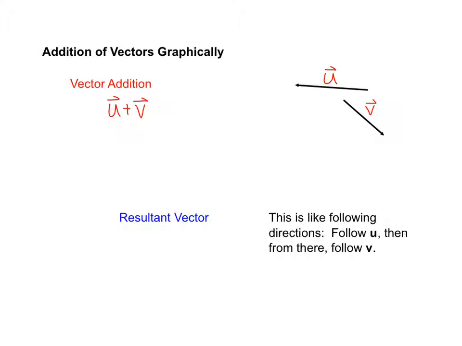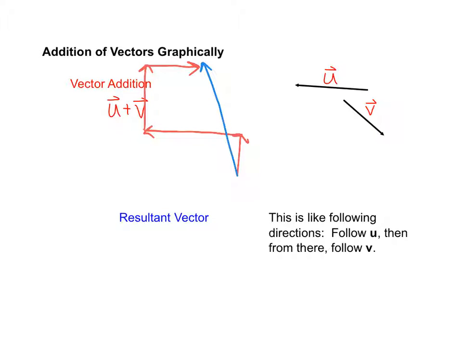The resultant vector is like you're following directions. When you're doing vector addition, it's kind of like when you look at Google Maps and you get directions to go somewhere and it says, turn left onto this street and drive 5 miles, and then turn right onto this street and drive another 3 miles, and so forth. If I follow those directions, my end result is hopefully getting where I wanted to go.